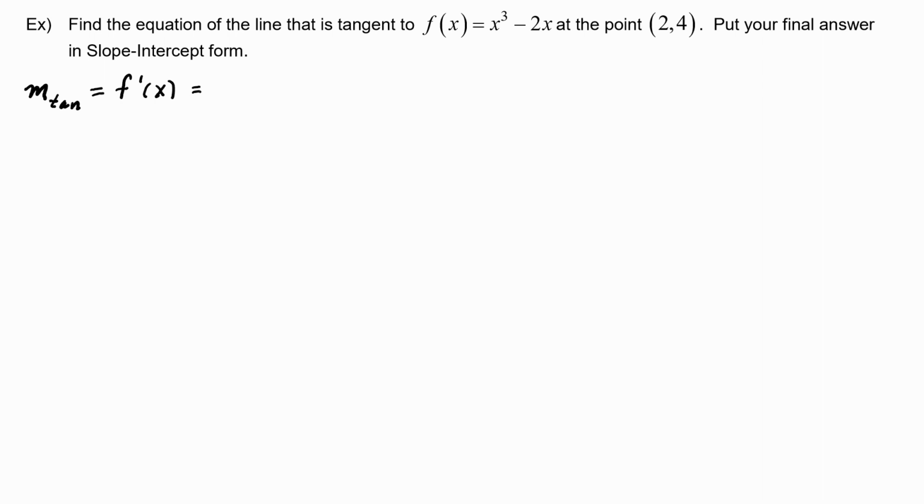And to find the derivative, we have to use the definition of derivative, which is the limit as delta x goes to 0 of f of x plus delta x minus f of x over delta x. So this is going to be the limit as delta x goes to 0.